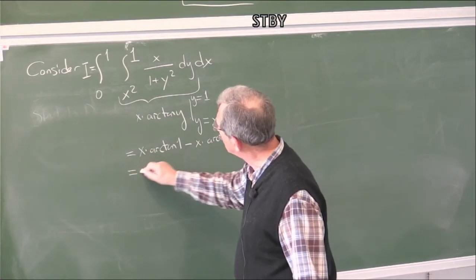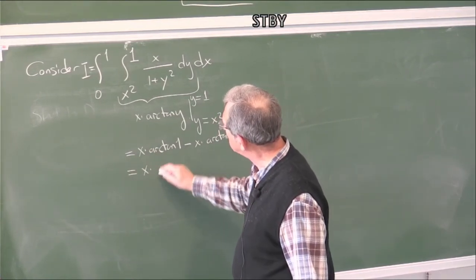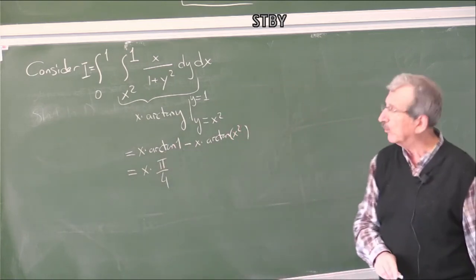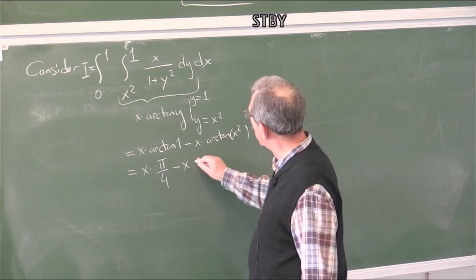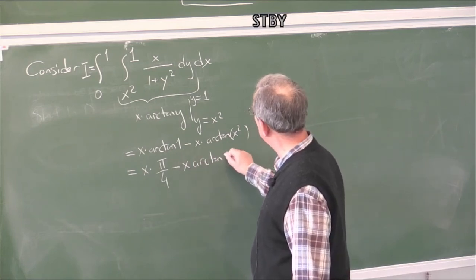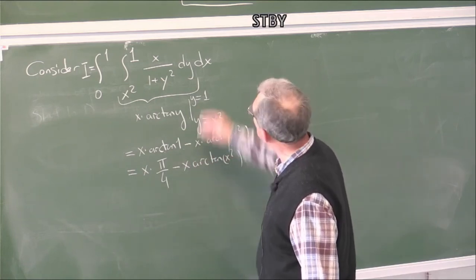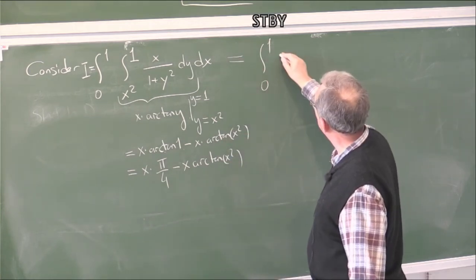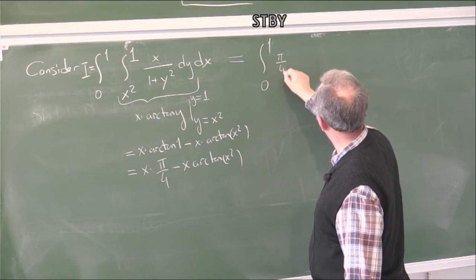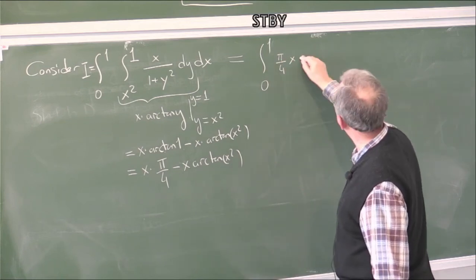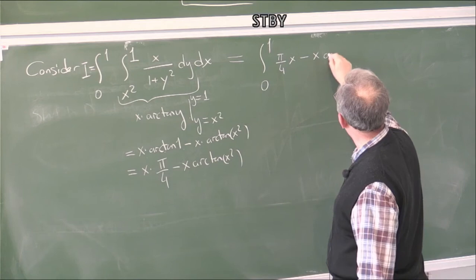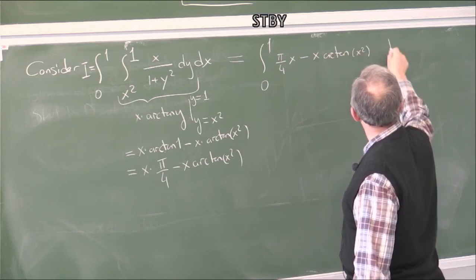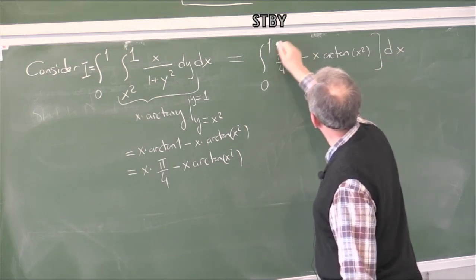Well, this, of course, is x times pi over 4. Arctangent 1 is pi over 4, minus x arctangent x squared. So this integral becomes the integral from 0 to 1 of pi over 4 x minus x arctangent of x squared dx. Okay.